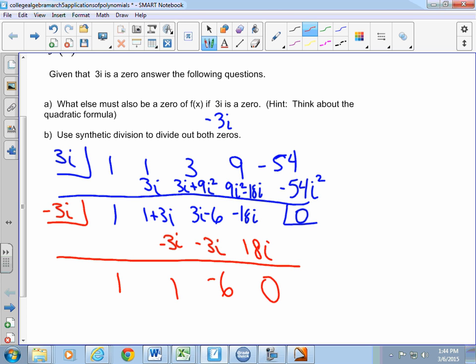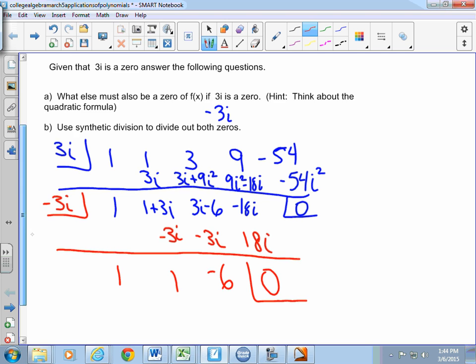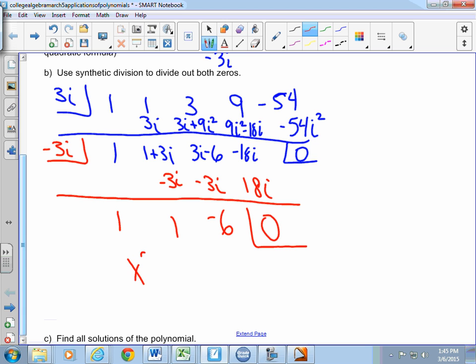Because it said to divide out both zeros. Obviously. Which gives me an x squared plus x minus 6, which factors into x plus 3 and x minus 2.